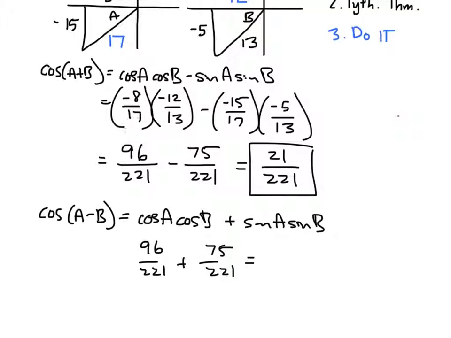I know that cosine A times cosine B is 96 over 221, and so on. So once I add those two things, I get 171 over 221.